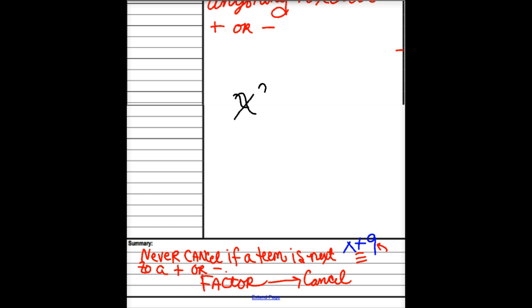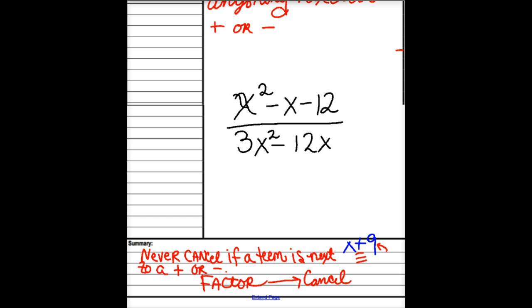So let's do x squared minus x minus 12 all over, and on the bottom I'm going to do 3x squared, and then I think I'll do minus 12x. Let's see how we approach this one. First of all, do I start canceling stuff? No. Does the 12 wipe out the 12? No. We never cancel if it's living next to a minus or a plus, if any part of it.